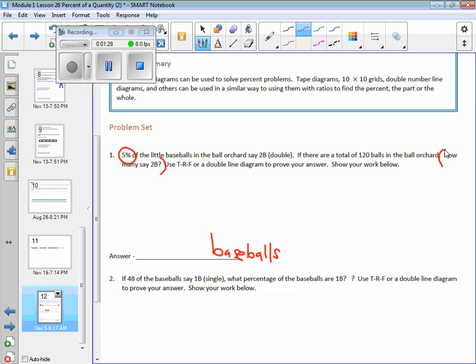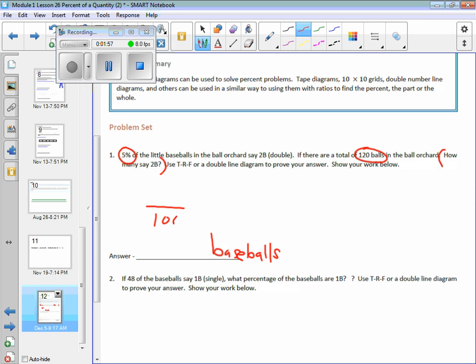When you go through it, your VIPs are your percent and your number 120. And I want you guys to get into the terminology, what's considered the part, what's considered the whole. Even if you don't even know how to set it up yet, if you have a percent, automatically take care of your percent first because you have a complete ratio.